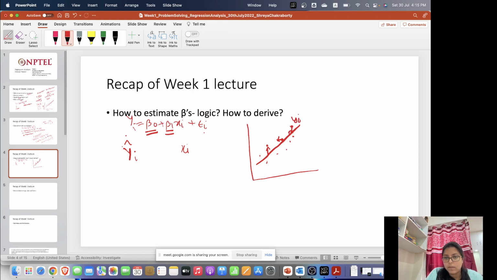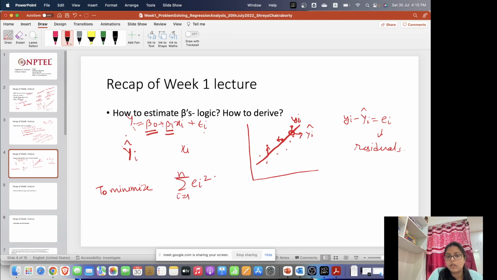This point on the prediction line is my predicted value. So this difference, yi minus yi hat, was my residuals. So how did we derive it? We were to minimize the sum of squares of residuals.